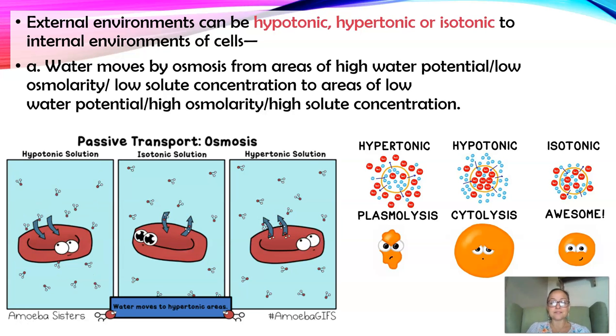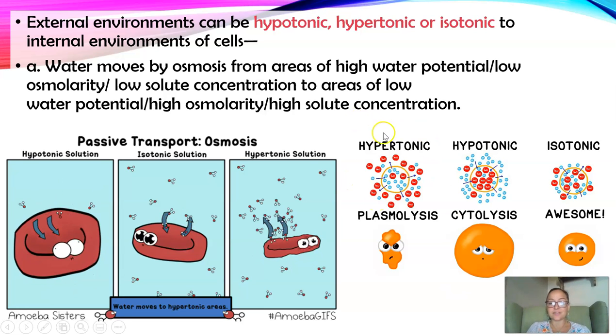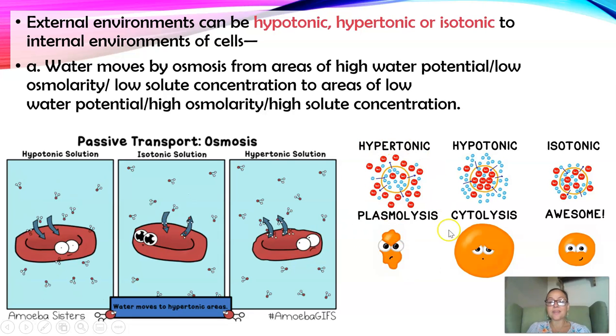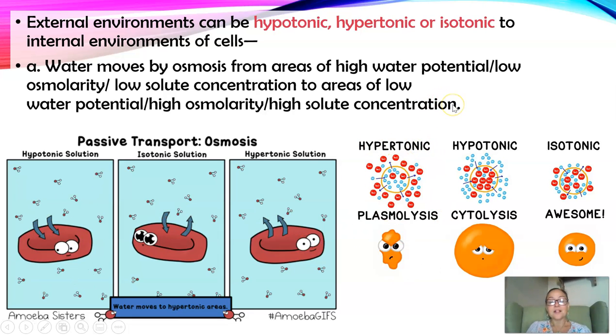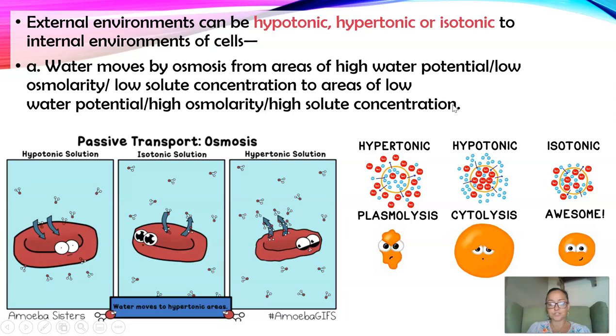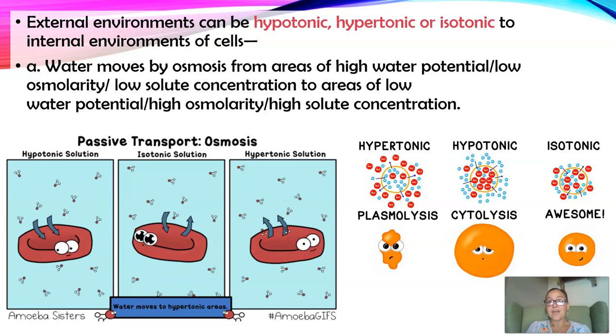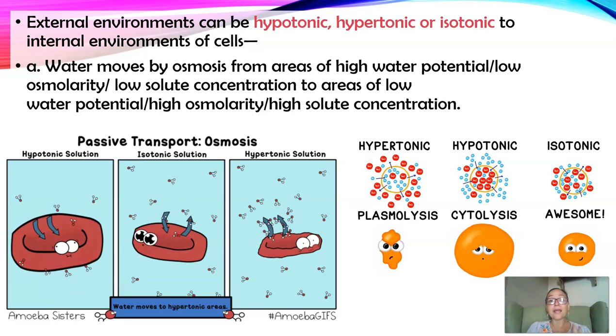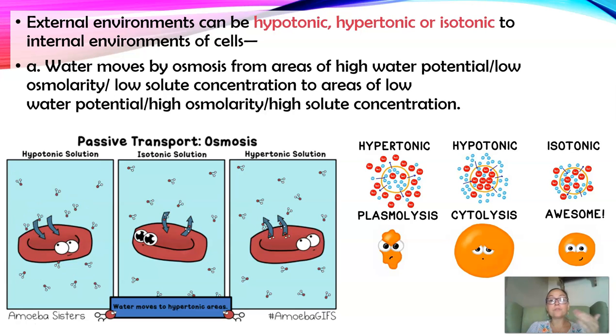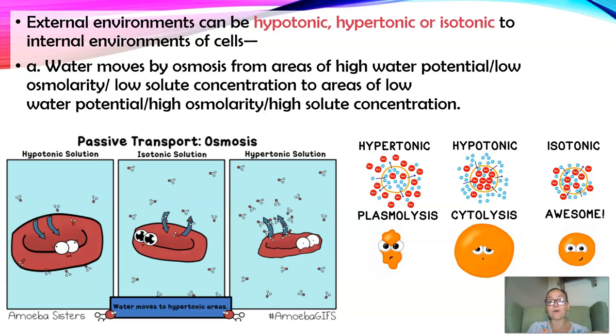So, for example, let's talk about this cell here. In a hypertonic environment, there's a higher concentration of water within the cell. And therefore, the water, by diffusion, will flow through aquaporins out of the cell.